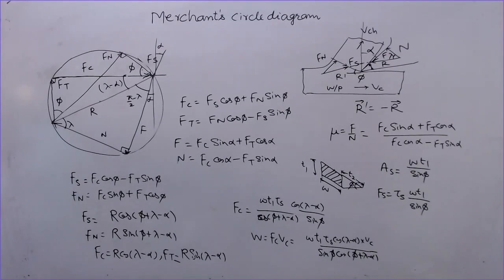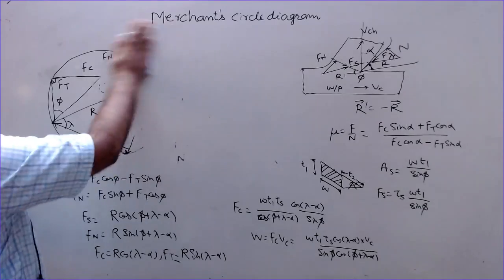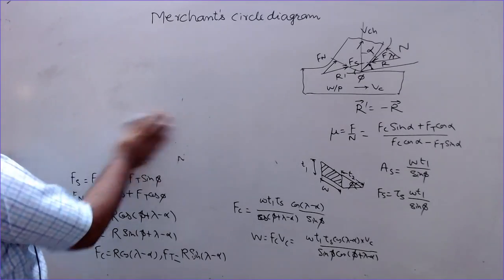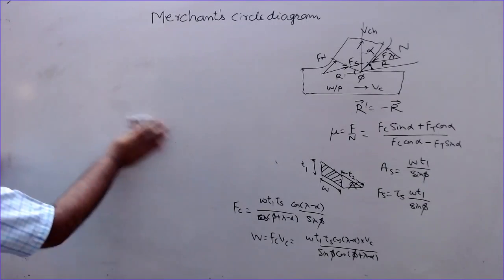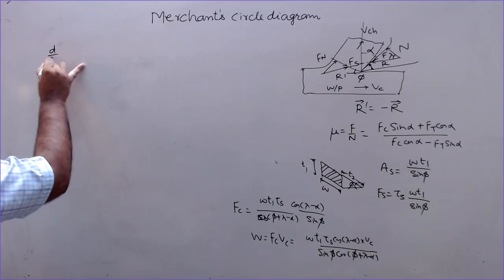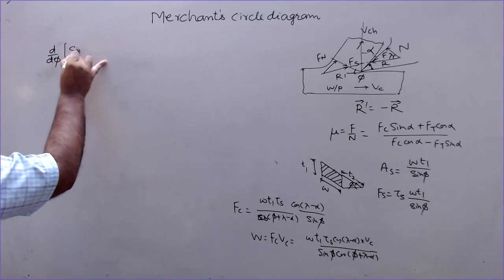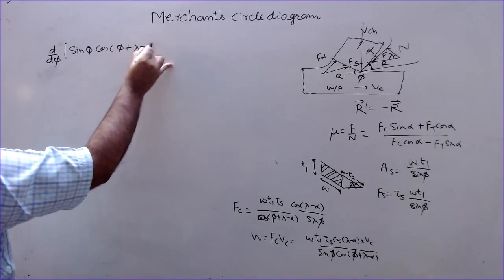So we have to optimize this so that the work is minimum. So work is minimum when the denominator in this expression is maximum, d by d phi of sin phi cos of phi plus lambda minus alpha.